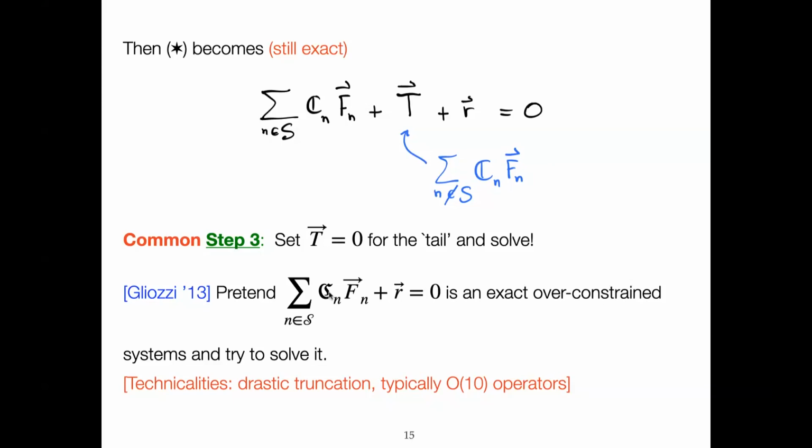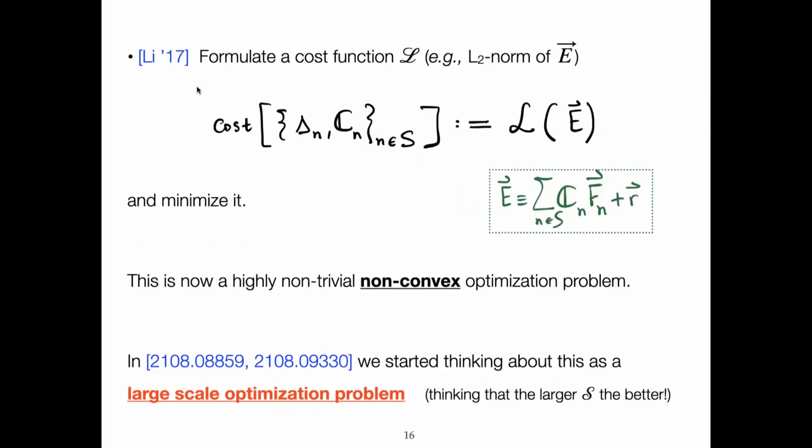So what I want to do is take this contribution, which when it's not 0, is basically the error, how much I deviate from exactly satisfying these approximate fake equations. So you have this error vector, and you want to minimize that. So you make a cost function, and you minimize that. And that already, for those of you that have heard a little bit about machine learning, takes us into the realm of machine learning.